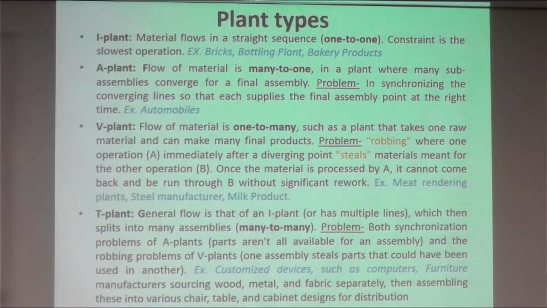So the material meant for one is being stolen or robbed by the other. Once the material is processed by A, it cannot come back and be run through B without significant rework, like meat rendering plant, steel manufacturer, milk product, same milk. We are going for cheese, we are going for curd, we are going for ice cream, same milk. So different products.